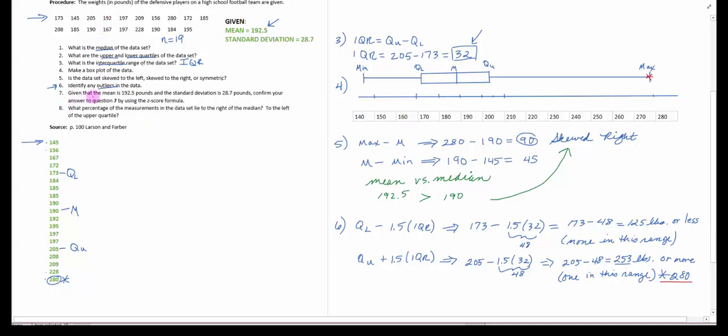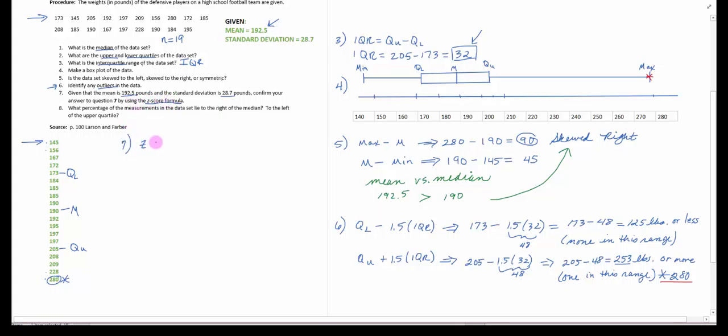In question number 7, we are given the mean of 192.5 pounds and a standard deviation of 28.7 pounds. So we want to confirm our answer in question 6 using the z-score formula. So this just means we want to confirm that 280 pounds really is an outlier.